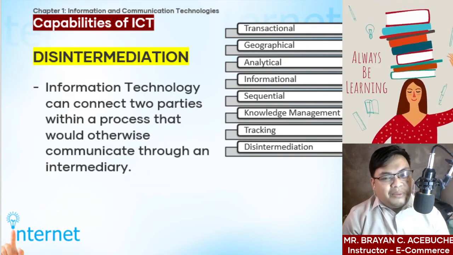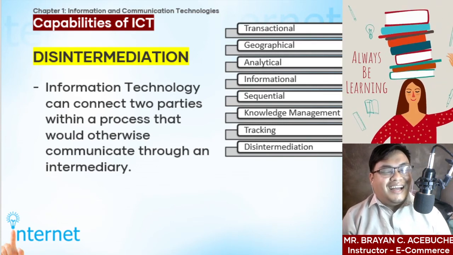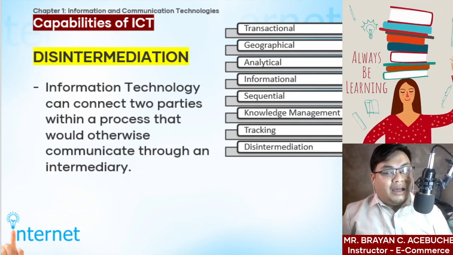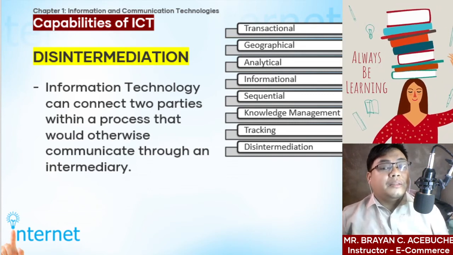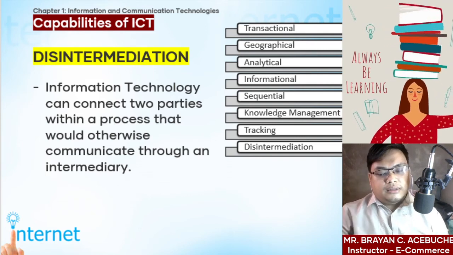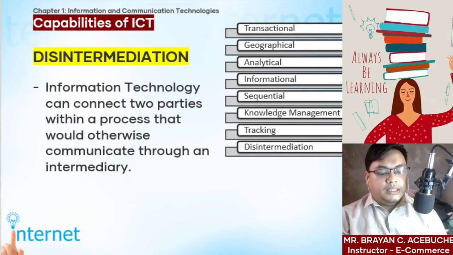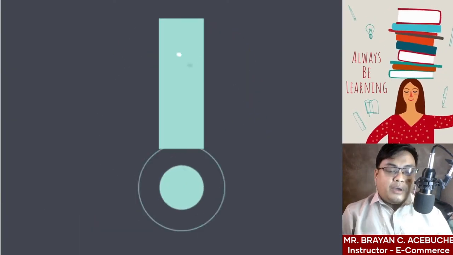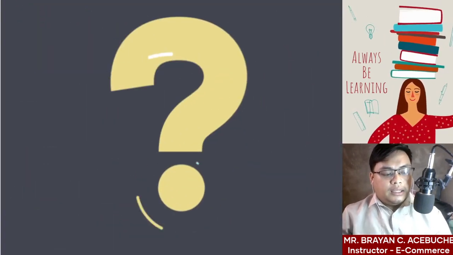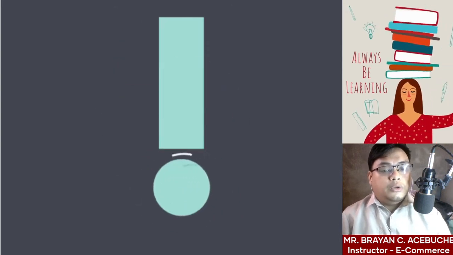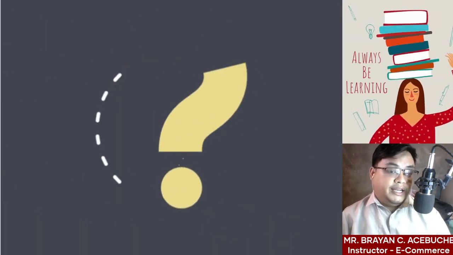So, the power of ICT actually nakaka-impact siya doon sa mga users na minsan mas napapabili sila agad dahil sa kakayahan ng ICT. And those are the positive capabilities of ICT. Now, if you have questions regarding the things that we have discussed, you can comment that on the chat box, and I am more than willing to give you valuable answers regarding that.